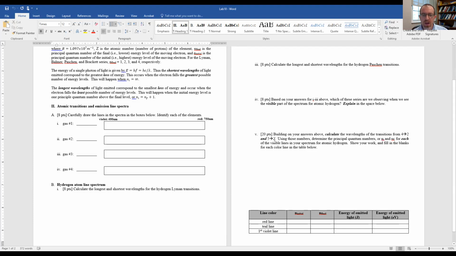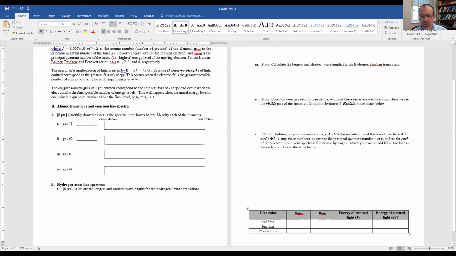And our initial is 5 and our final is 2, and we're figuring out our lambda for that. And then based on that information and the information that you filled out above this particular exercise, you can figure out what transitions are responsible for the red, blue, and violet lines that we see in the hydrogen spectrum.